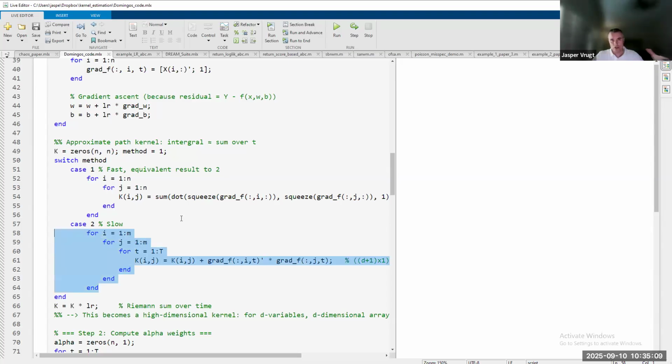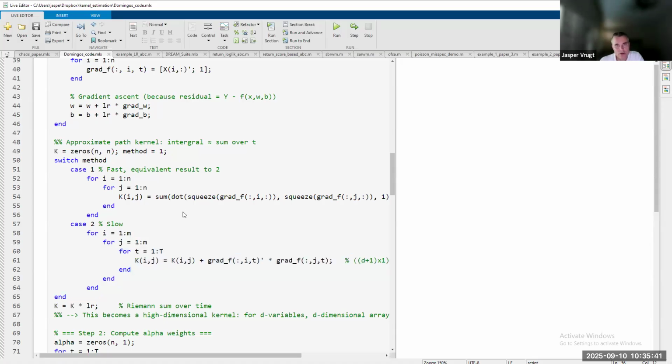That's why I usually implement different methods, because when you work on something, you're really in the material, then you understand the fast method. But then a year later, you go back to your code, you look at it again, and you're like, what the heck is going on in this line, right? And so that's why it's always useful, in my view, to document the slower methods as well, because it's easier to read.